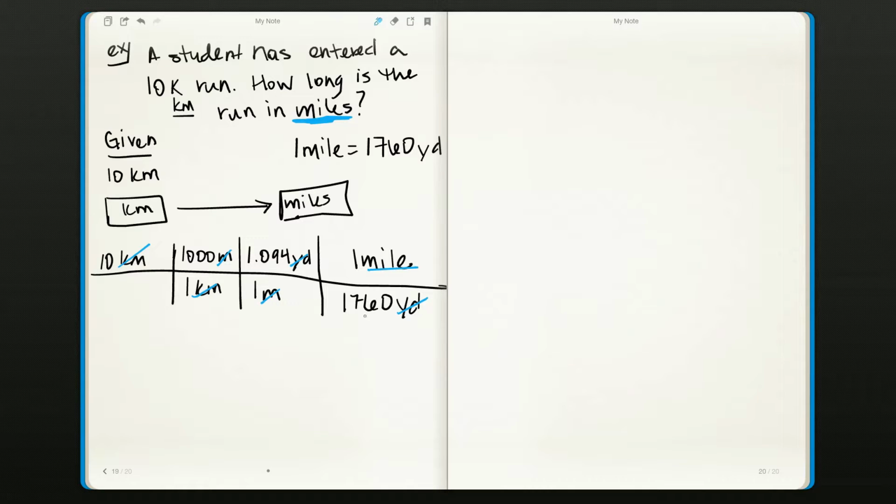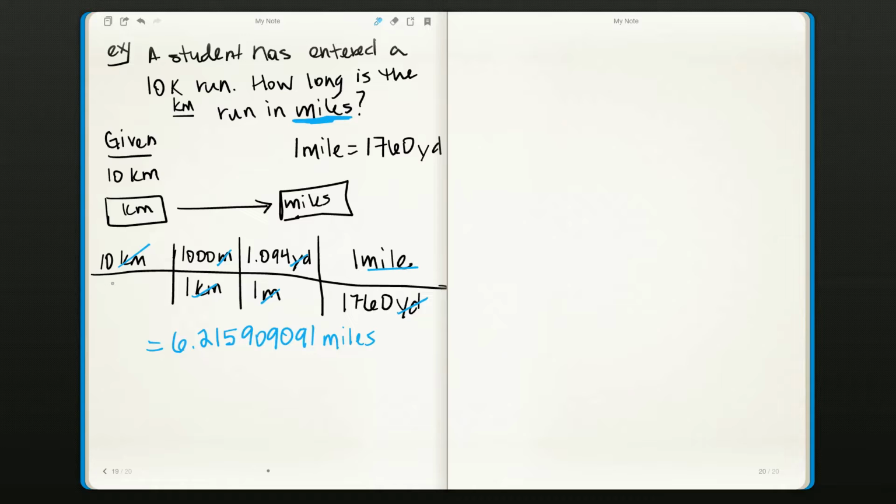If it's in the denominator, you divide. So if we go through and do that math, we get 6.2159091. And so that's all the digits from my calculator.